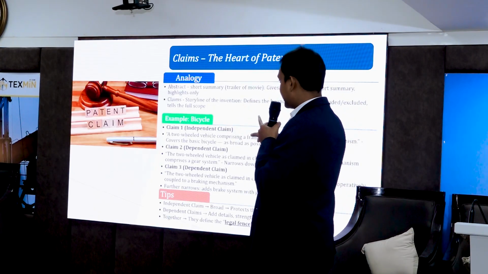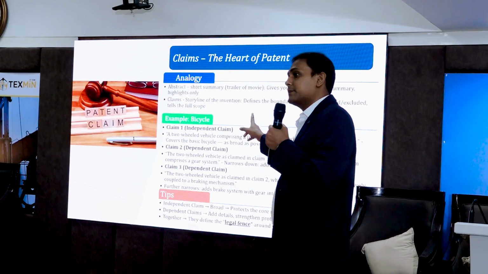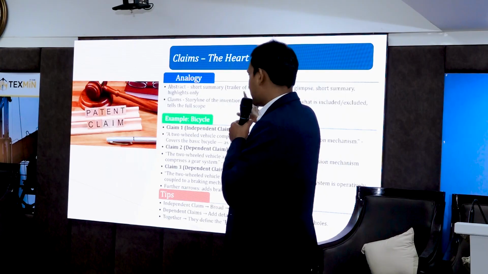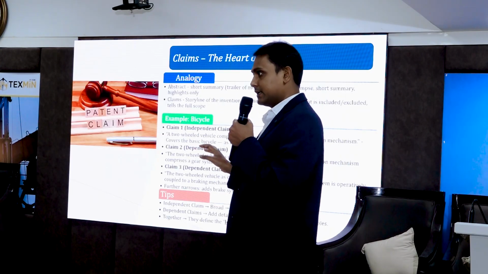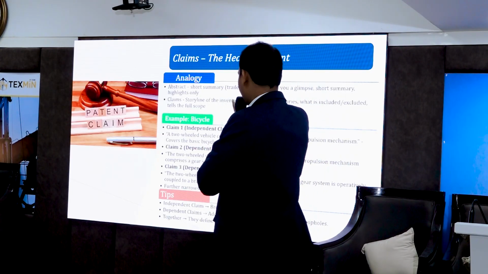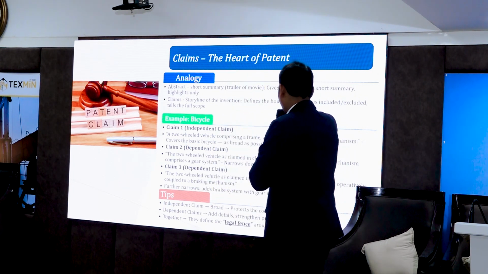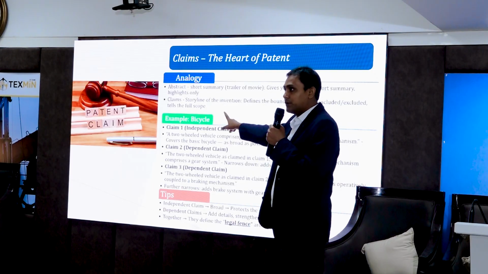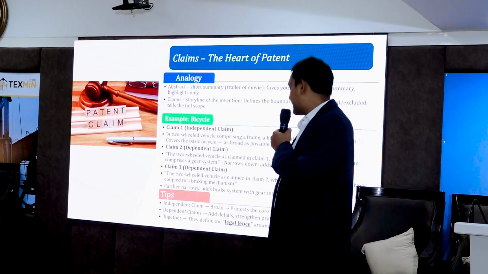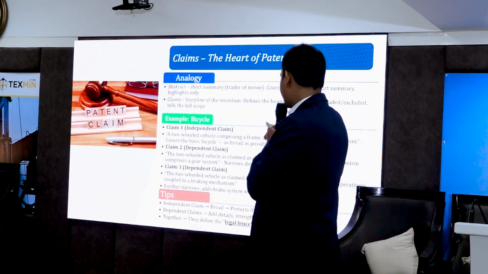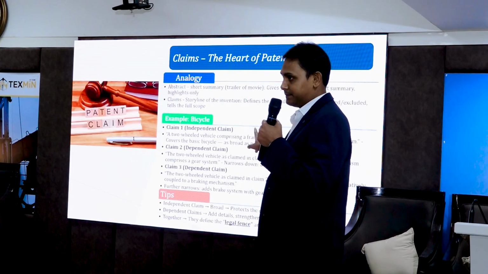So whatever claim we have defined here, is it a product claim or a process claim? Product, right. We have defined the product claim, so this is the device. A two-wheel vehicle comprising a frame. These are the components of the two-wheel vehicle. Then see the dependent claims: the two-wheel vehicle as claimed in claim 1.